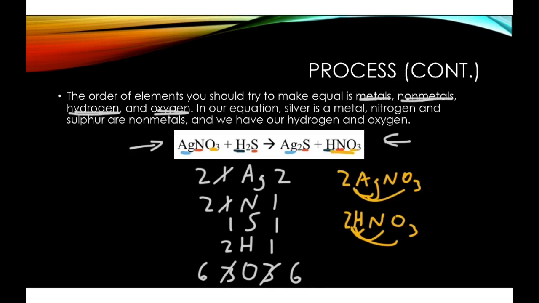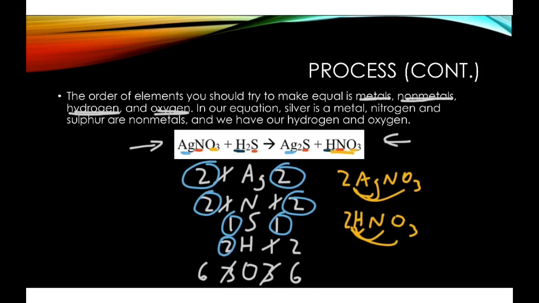So there's a 6 there, my nitrogens also become a 2, and my hydrogens become a 2. So, let's double check to make sure everything's okay. I have 2 silver, 2 silver, 2 nitrogen, 2 nitrogen, 1 sulfur, 1 sulfur, 2 hydrogen, 2 hydrogen, 6 oxygen, 6 oxygen. Alright, everything works.